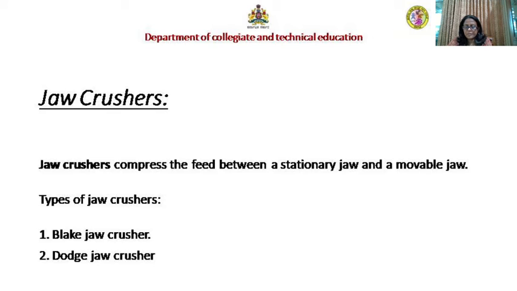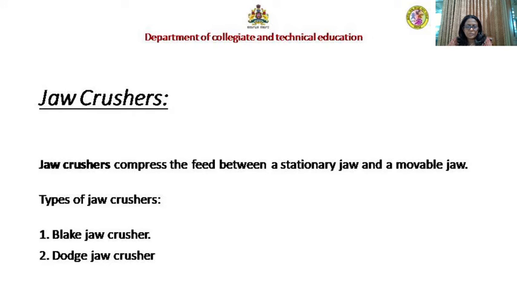Let us now briefly discuss the construction and working principles of the jaw crusher. Out of the two types of jaw crushers, the Dodge jaw is not that widely used because it has a tendency to choke, because the movement at the bottom is less.